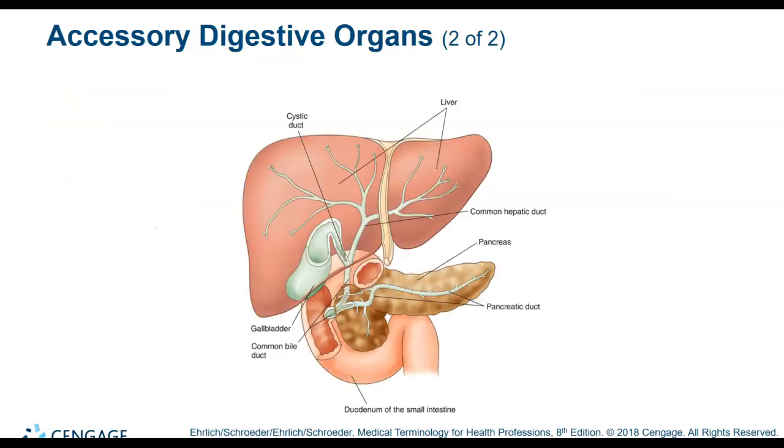So as we look here, we can see the liver. Okay, we see all of this duct work. We have something called the cystic duct, and so the bile is actually made in the liver.